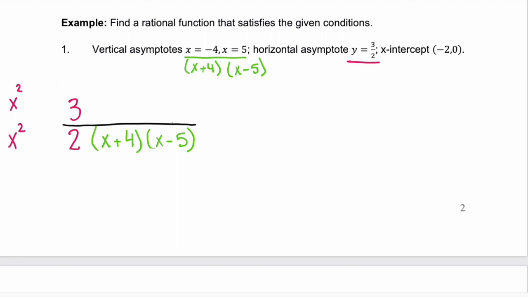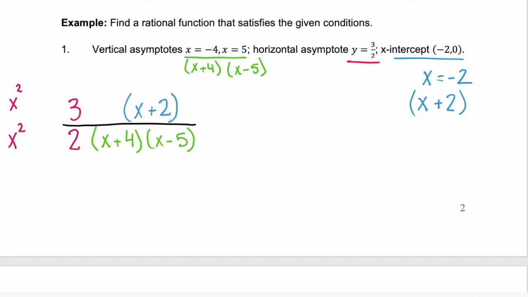Okay, we still need a little bit more to fill in that numerator. The x-intercept is (-2, 0). Well, the x-intercept, we find that by solving the numerator. So the numerator, in order for x to equal -2, x plus 2 is going to be a factor.